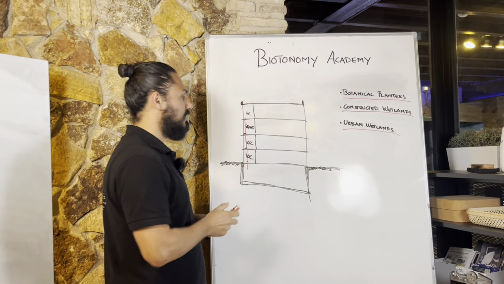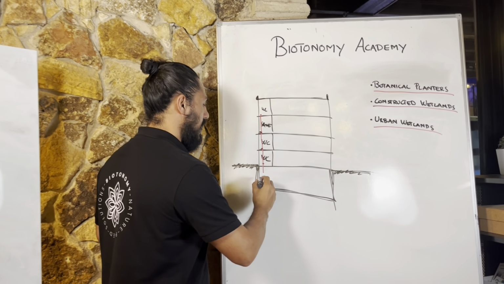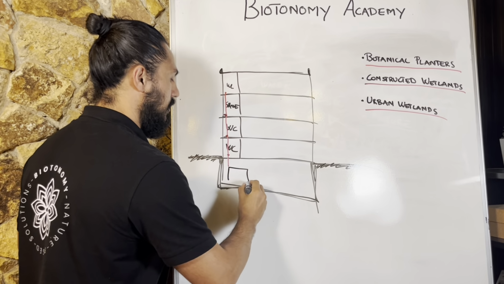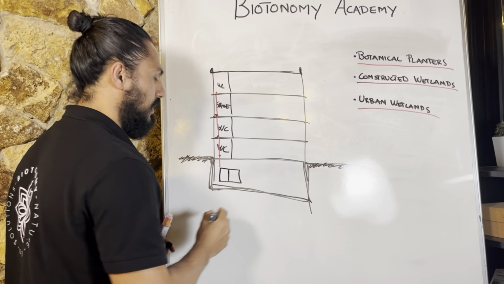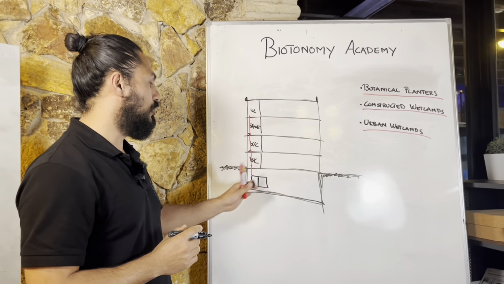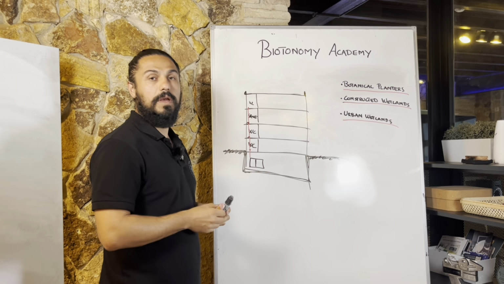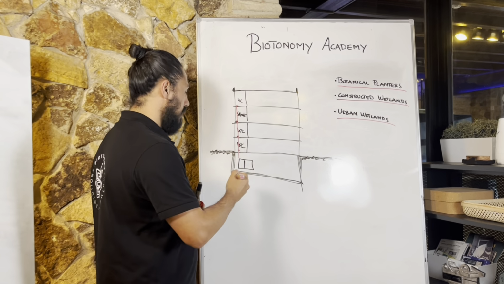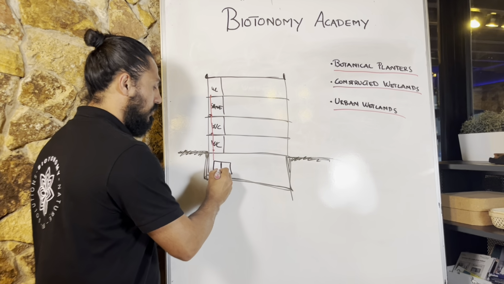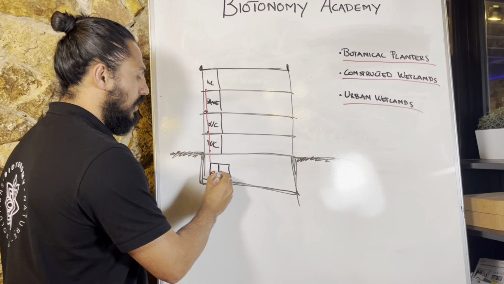And then in the basement, we have a conventional septic tank. A conventional septic tank normally has 2 chambers. In the first chamber, you have an area where the solids are transformed into liquid.